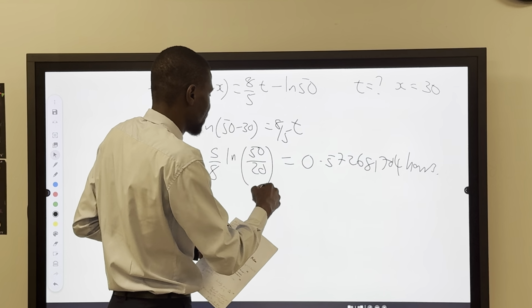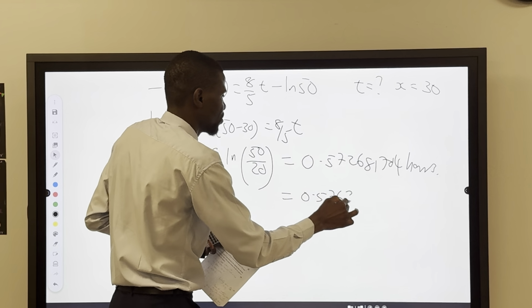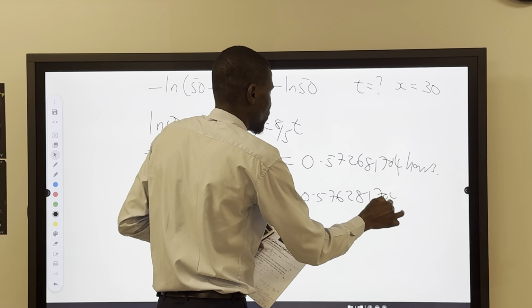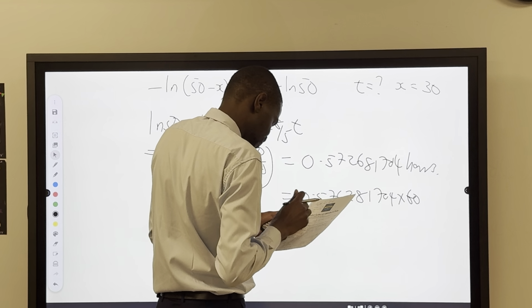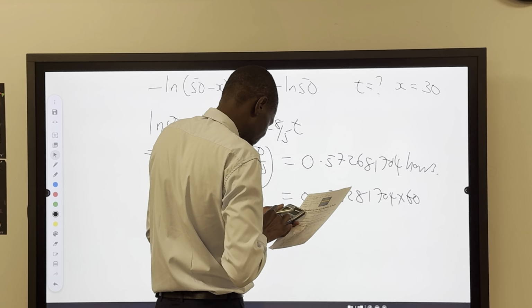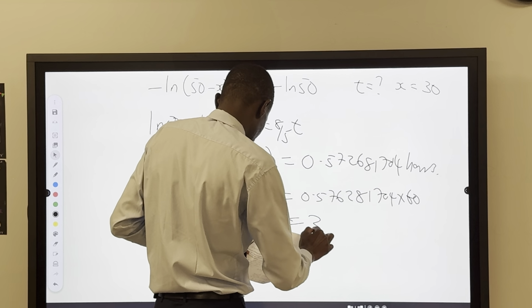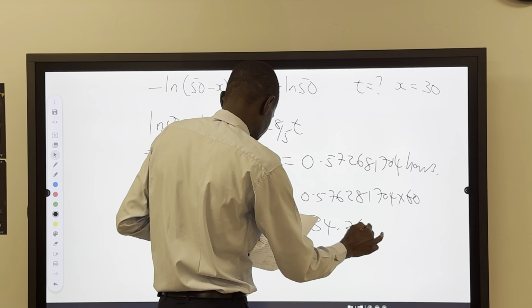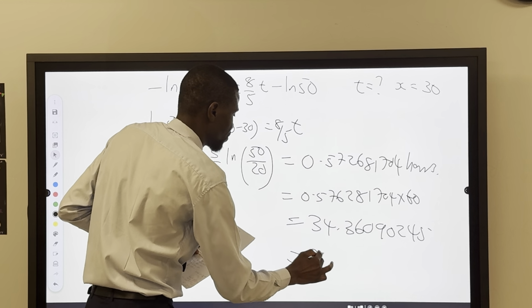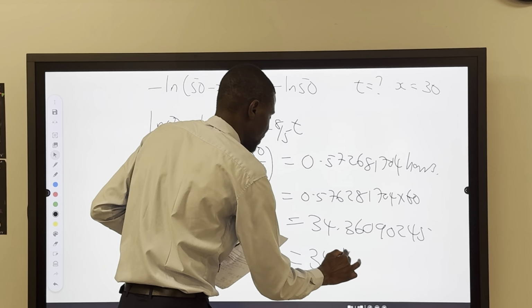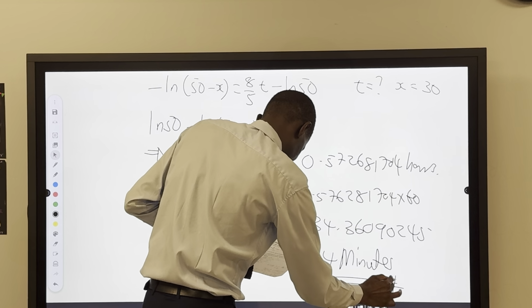So 0.572681704 times 60, I'm getting 34.36090245, which is equal to 34 minutes to the nearest minute. That's 34.